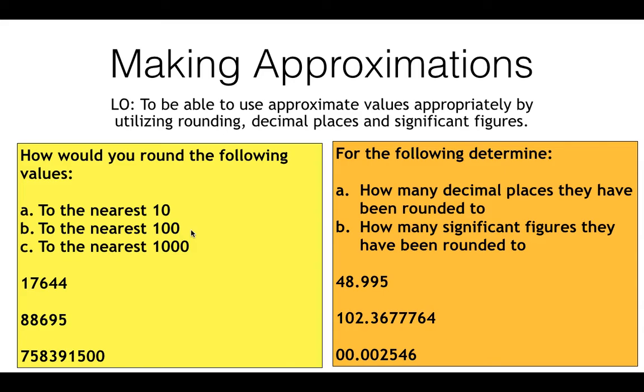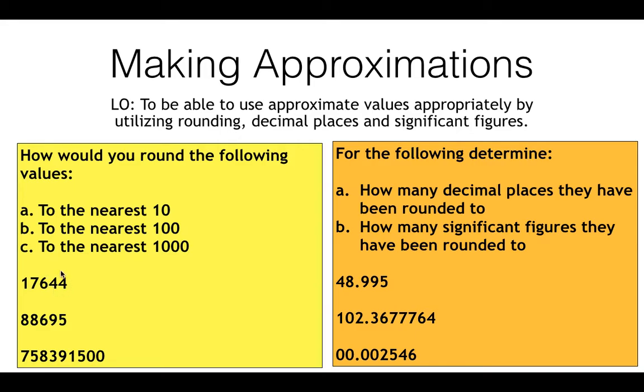To the nearest 100, well, let's have a look at this one. So this value here is what we're looking at. We're trying to have 2 zeros at the end to make it a multiple of 100. So we're either going to round down to 17,600 or we're going to round up to 17,700. So now, because I'm thinking about hundreds, and this is the hundreds value here, I look at the value before and I decide, is it less than 5 or is it more than 5?